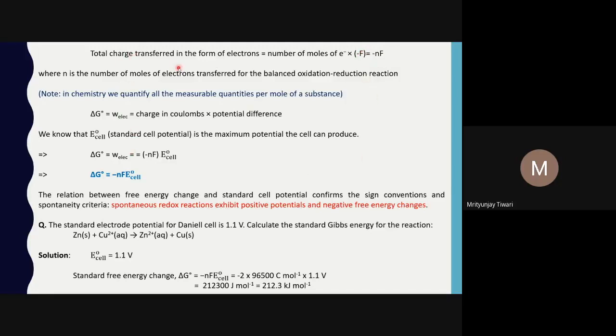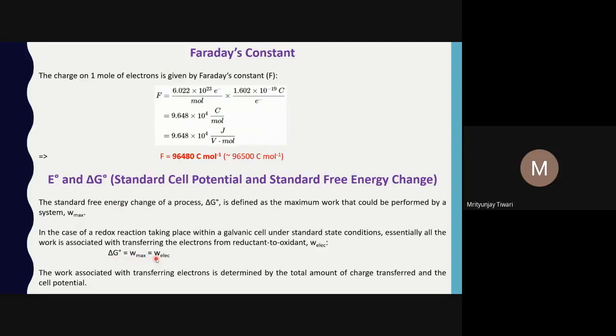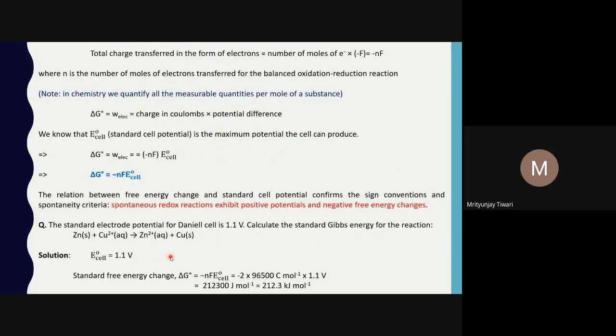So now the total charge transfer, the net charge, will be minus nF. And from this, we can write delta G naught is equal to W electric. W electric will be the charge in coulombs into the potential difference. And the potential difference here is the maximum potential difference, the standard cell potential. The charge in coulombs will be minus nF, because this F is also coulomb per mole.